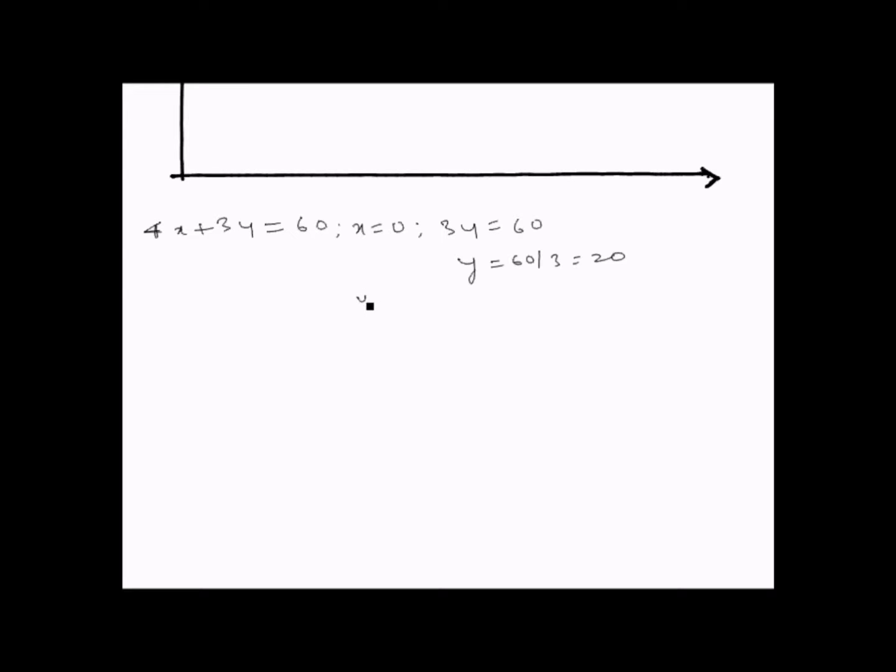Next, if we put y as 0, we get 4x is equal to 60. x is equal to 60 divided by 4, which is equal to 15. So for this equation, the y-intercept is 20 and the x-intercept is 15. Now the next equation is 2x plus 3y is equal to 36.